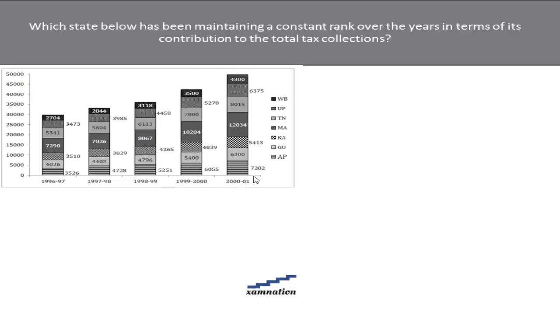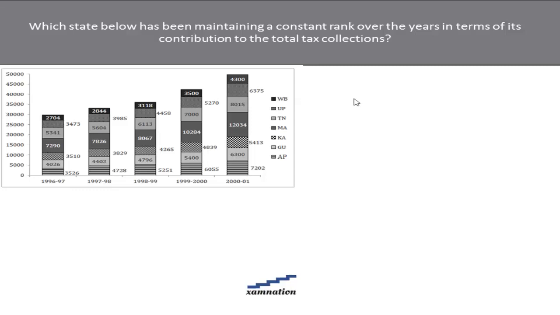So next question: which state below maintains a constant rank over the years in terms of its contribution to the total tax collection? Basically I'm given the data of different states.